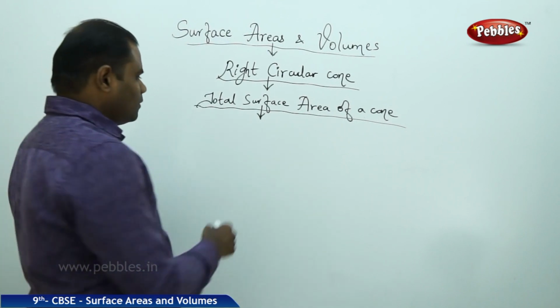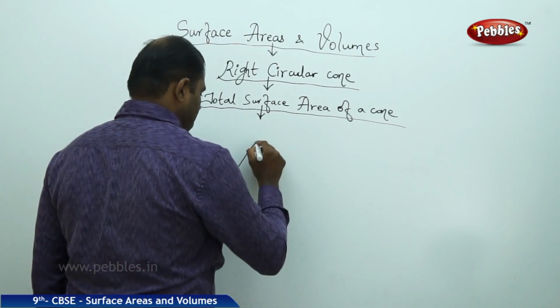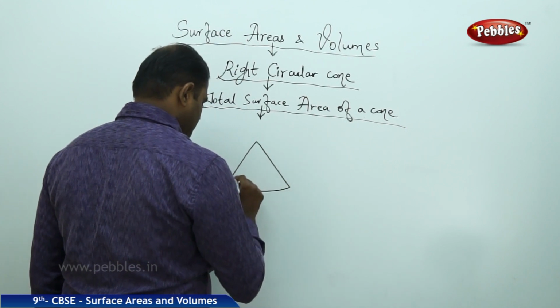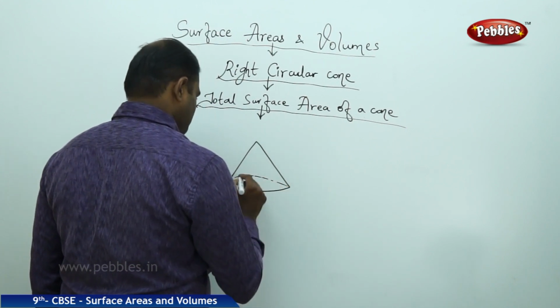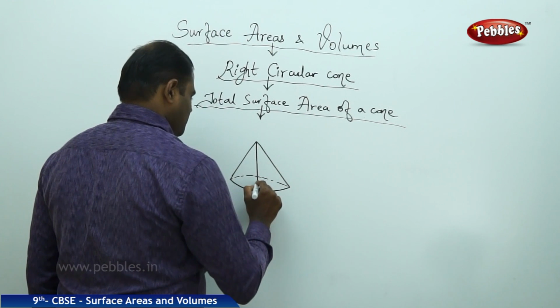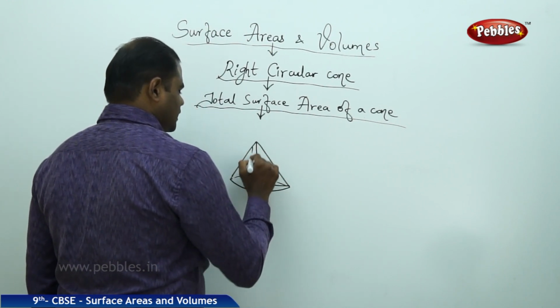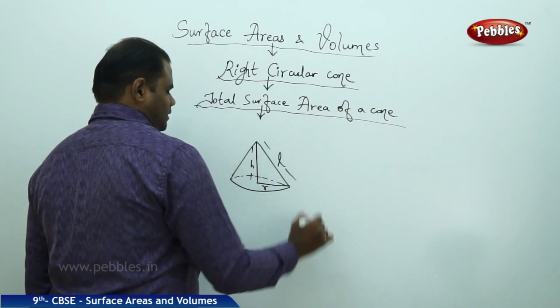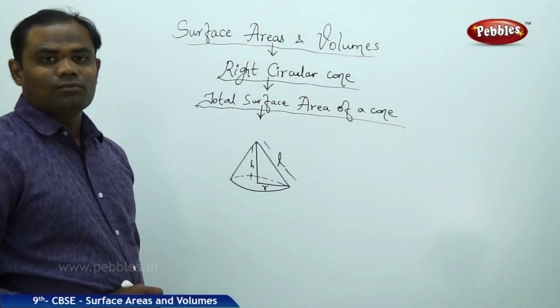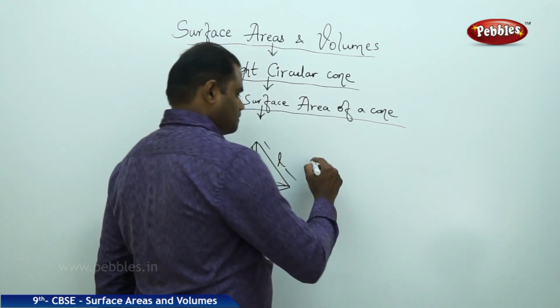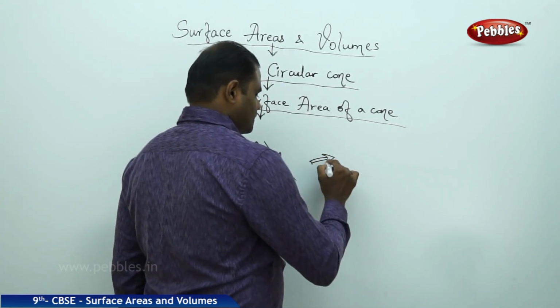So let's take a cone. We have the radius, the height and the slant height. So let's see what the total surface area of this cone is.